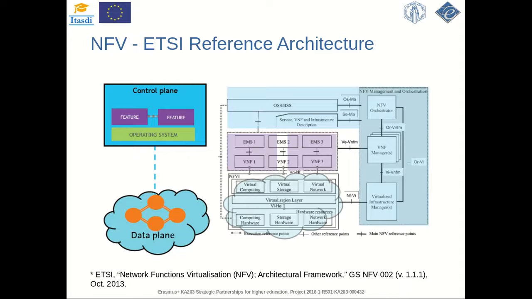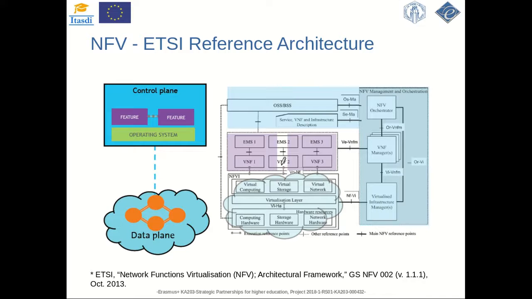According to the ETSI reference architecture, here we have again this NFV management and orchestration, and one interesting view from ETSI on NFV, which gives one interesting approach. Down we have virtual computing, virtual storage, virtual networking, and the virtualization layer.